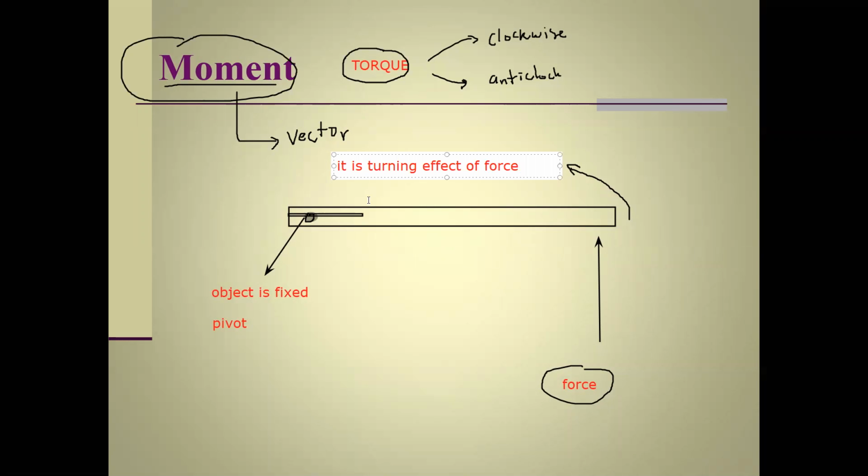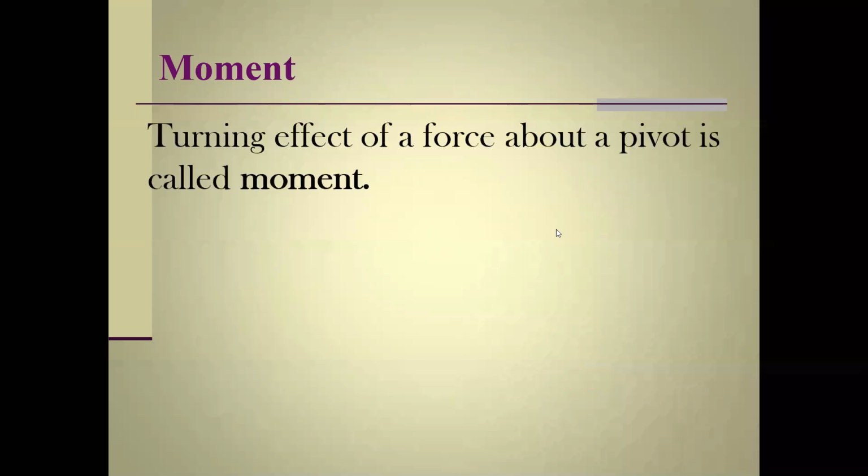When force is applied on the object and the object rotates, we simply call that moment or torque. When we apply force, the object can rotate clockwise or anti-clockwise. The definition: the turning effect of a force about a pivot is called a moment.